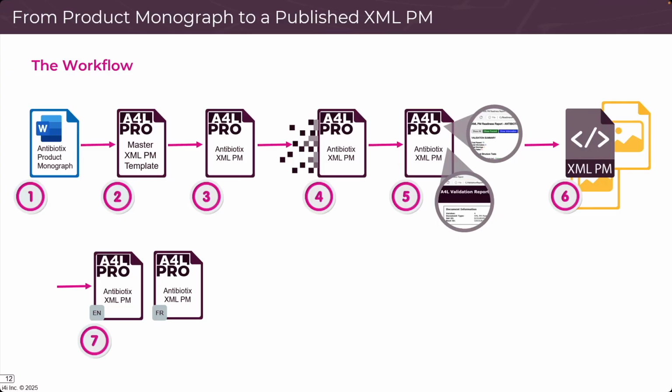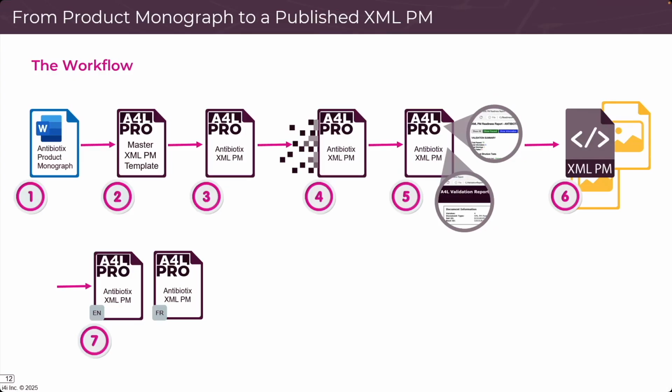Next, for step 3, I'll use the Add Markup feature in A4L to structure the content according to Health Canada's XML PM product monograph requirements. Once structured, in step 4, I'll proceed to add metadata, and in step 5, I'll validate the document to ensure it complies with Health Canada's validation rules.